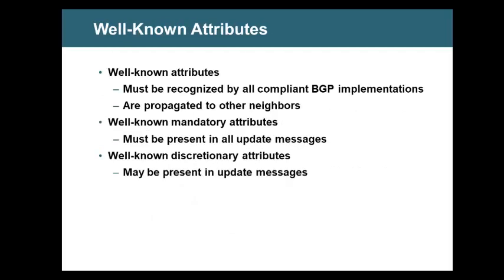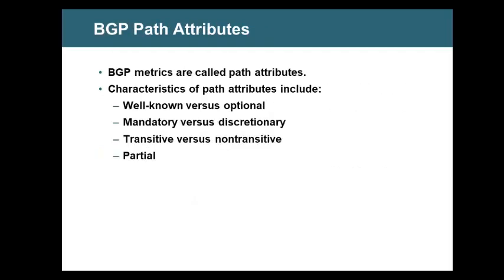In well known, again there are two classifications: mandatory and discretionary. Those three that you learned as well known are mandatory also. Meaning, without those attributes, the update will be invalid. Which means it is not only well known, it is mandatory. Next hop is mandatory. AS path is mandatory.